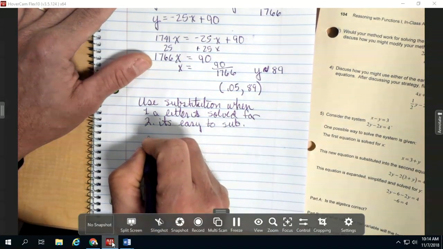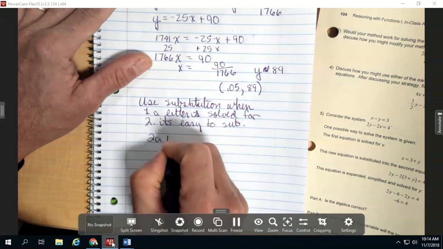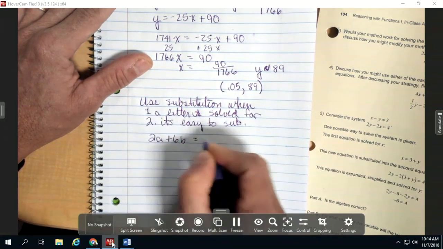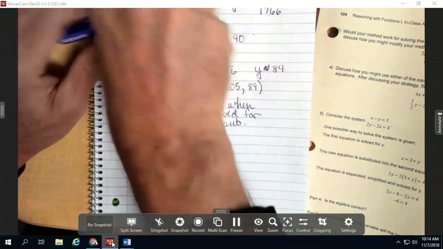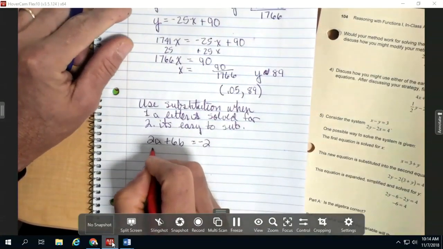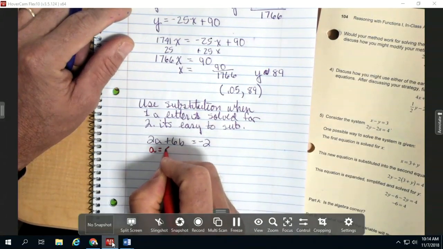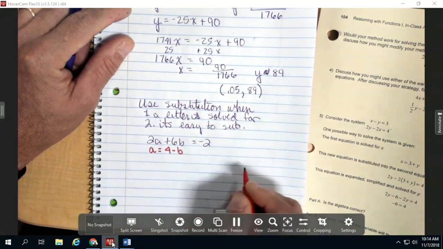Let's look at this example that they have. 2a plus 6b equals negative 2. Then it says a is 4 minus b.